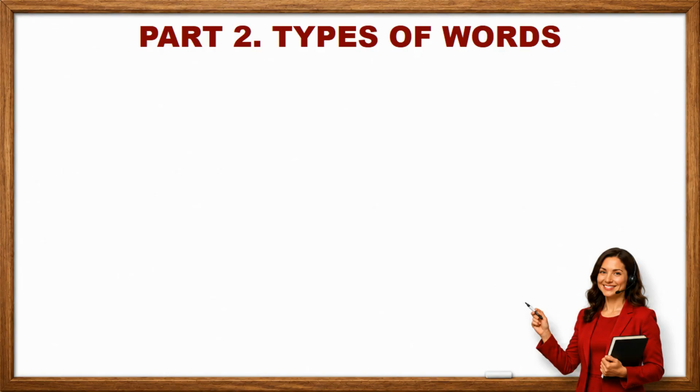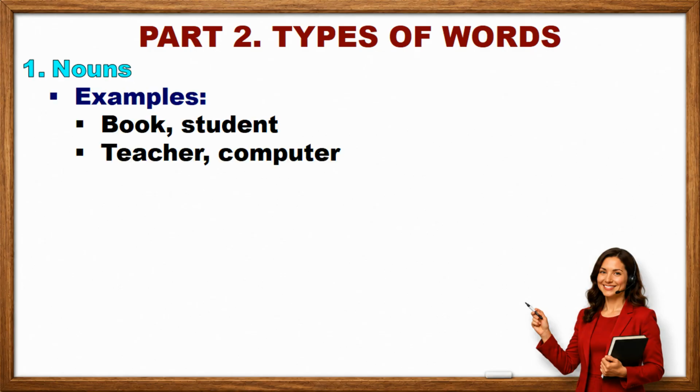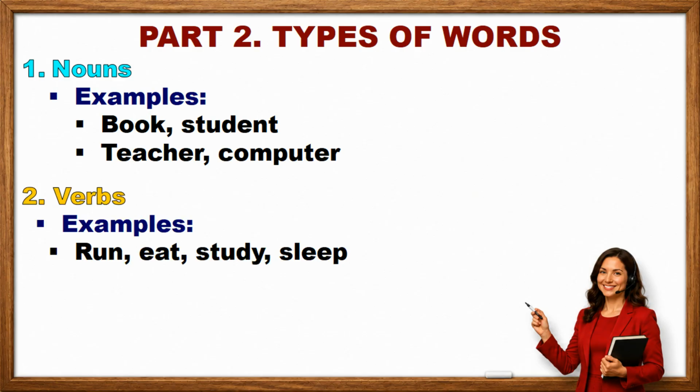Part 2. Types of words. Words belong to different groups. Some common ones are: 1. Nouns. Examples: book, student, teacher, computer, etc. 2. Verbs.